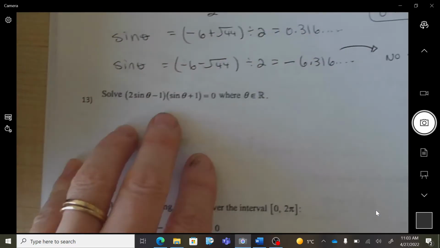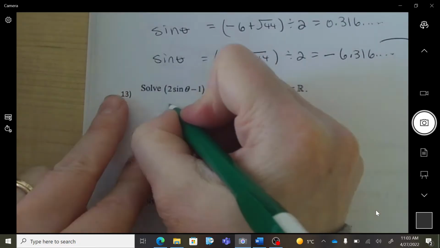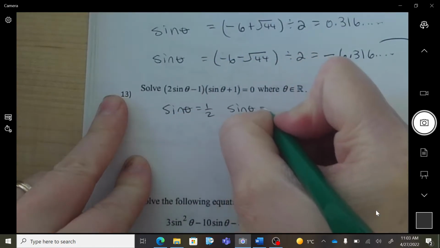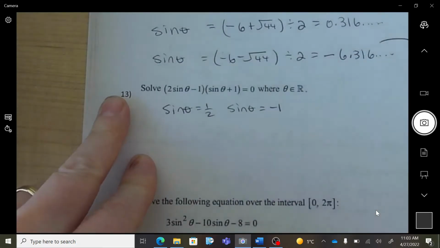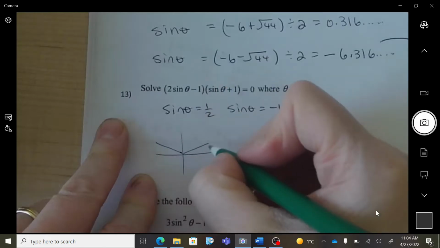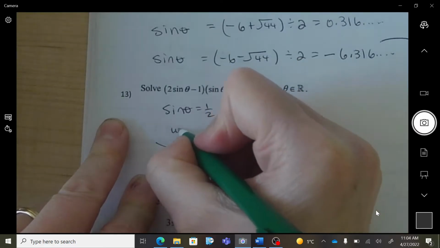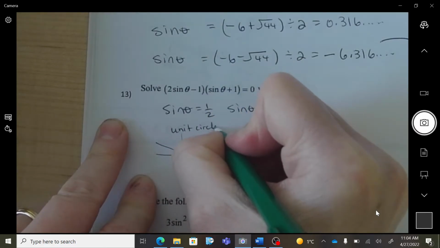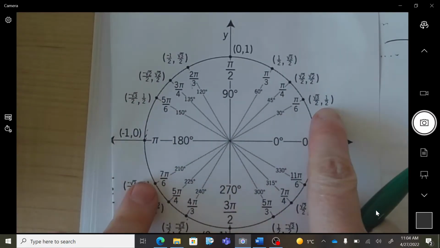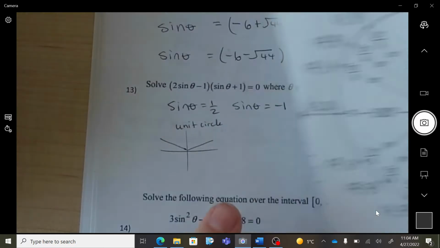Solve this. So the factoring's already done. So now sine of the angle is 1/2, and sine of the angle equals -1. These are both on the unit circle. So I'm looking on the unit circle. Where is y 1/2? So right here and right here.